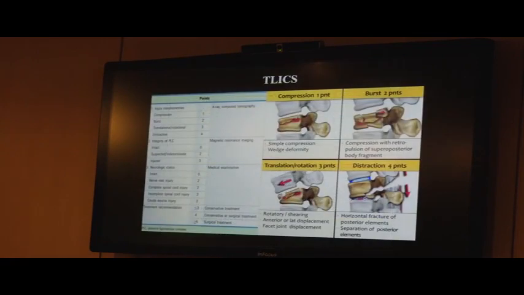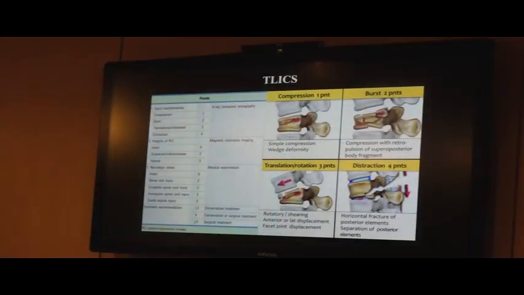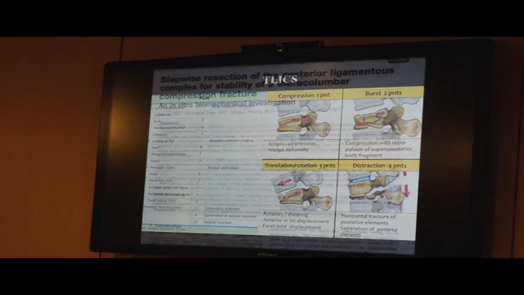TLICS classification is a good classification system because it tells you whether you have to operate on that patient or not. So these three subtitles are very important. You again choose them from the application, and in just a few minutes you will learn if the patient needs a surgery or not.